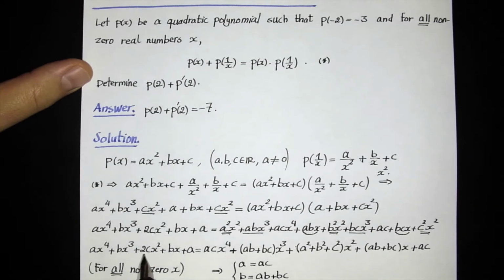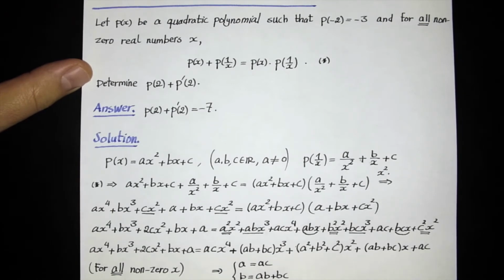The coefficient of x squared on the left is 2c, the coefficient of x squared on the right is a squared plus b squared plus c squared. And then the coefficient of x on the left is b, the coefficient of x on the right is ab plus bc, the constant number on the left is a, the constant number on the right is ac.